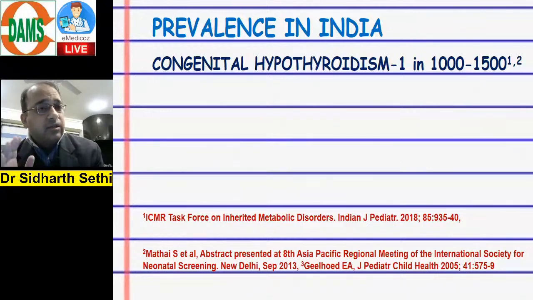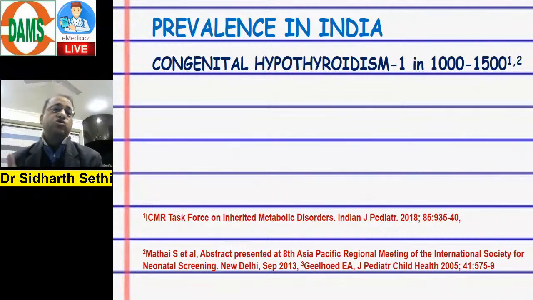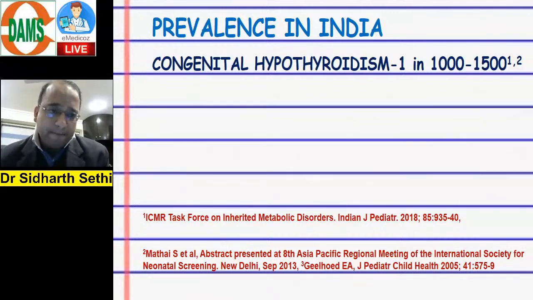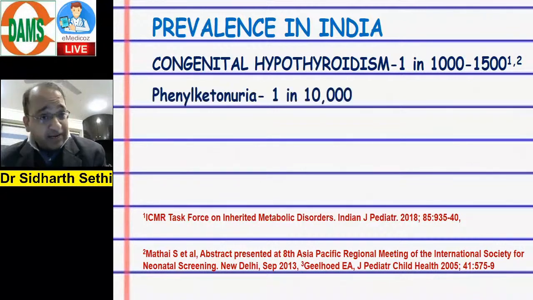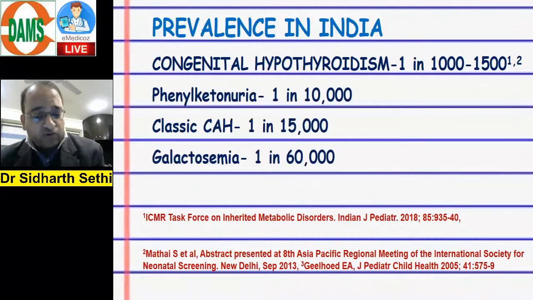Remember, the prevalence of congenital hypothyroidism in our country is 1 in 1000. So we should try to diagnose it early because it's the most common preventable disorder in our country. Phenylketonuria is 1 in 10,000. This is the data from our country.